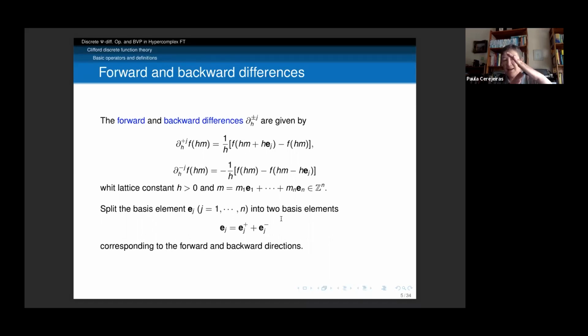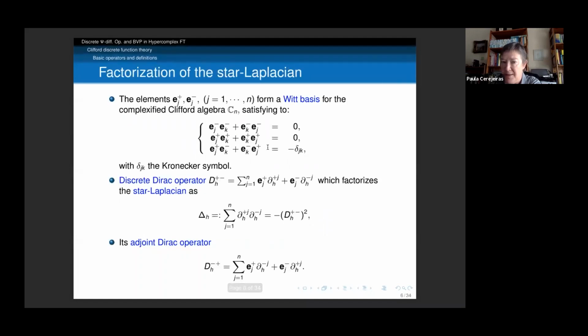So they are more or less orthogonal to each other, corresponding to 45 degrees with respect to e_j. The sum of these elements is e_j, but these elements have additional properties, and those are the ones that we are interested in.